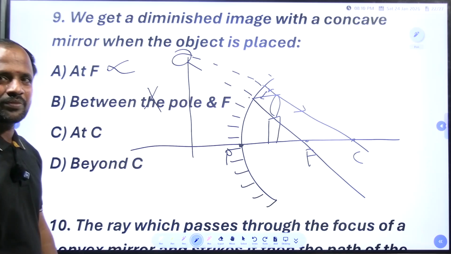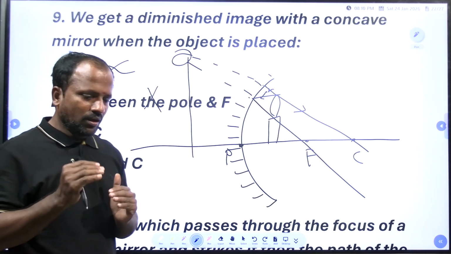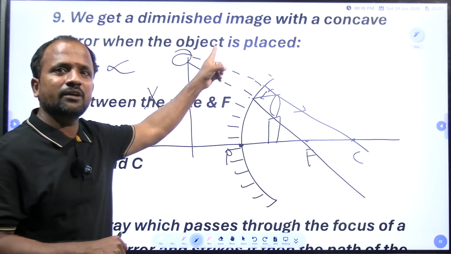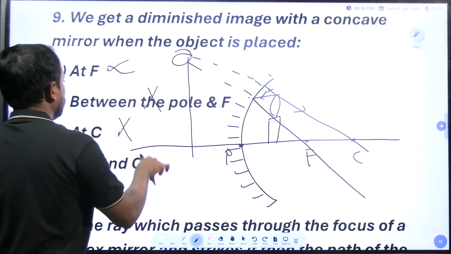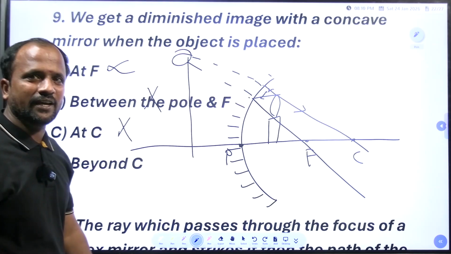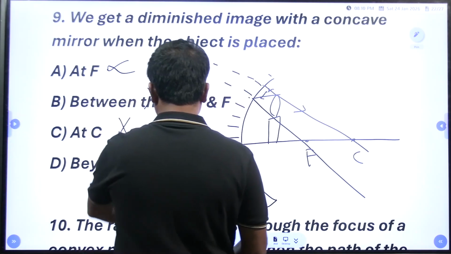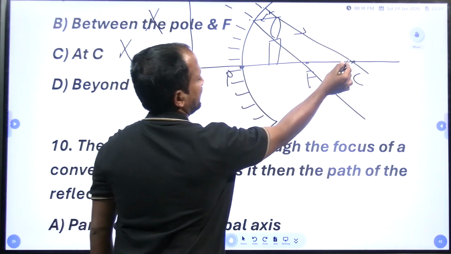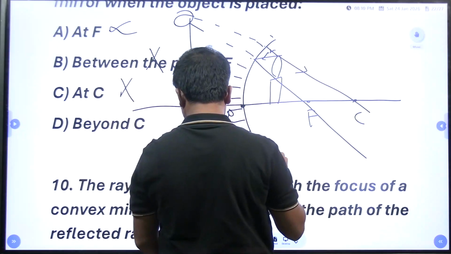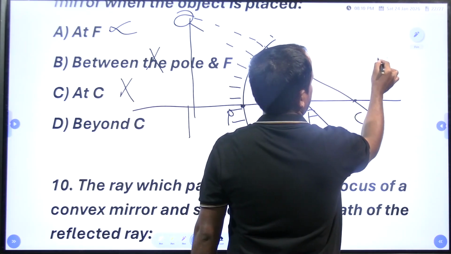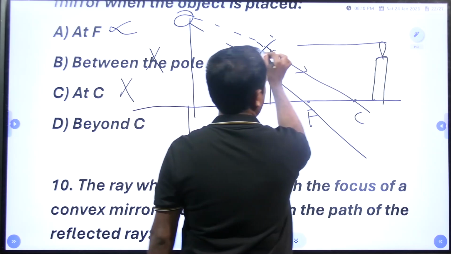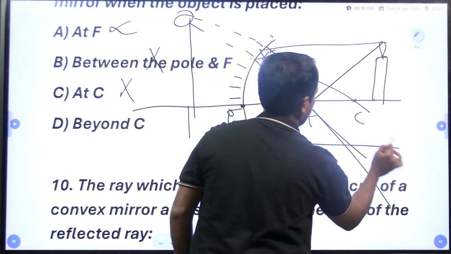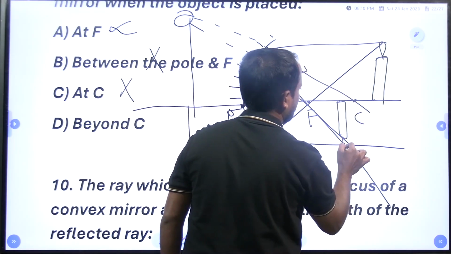Next, at C. At C, object size and image size are equal. But here he is asking diminished, so you have to eliminate it. Next, beyond C. Observe the ray diagram for beyond C. If you take the object here, the ray passes through the focus, then one more ray after passing through the focus becomes parallel, and the image is formed here.